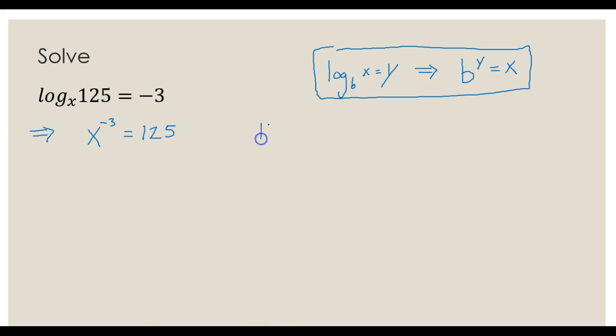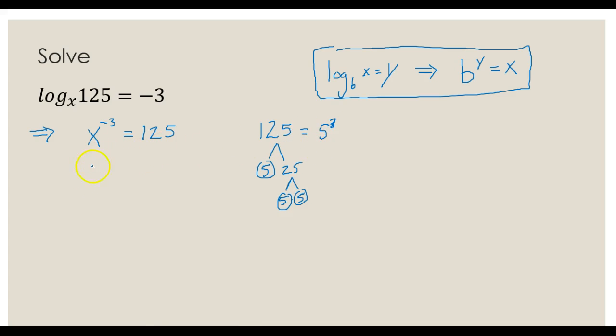125 looks suspiciously like something that we could write as an exponent. Let's type it in our calculator and see what we get. Okay, 125 divided by 5 is 25, and then 25 divided by 5 is 5 times 5. So 125 equals 5 cubed, 5 times 5 times 5.